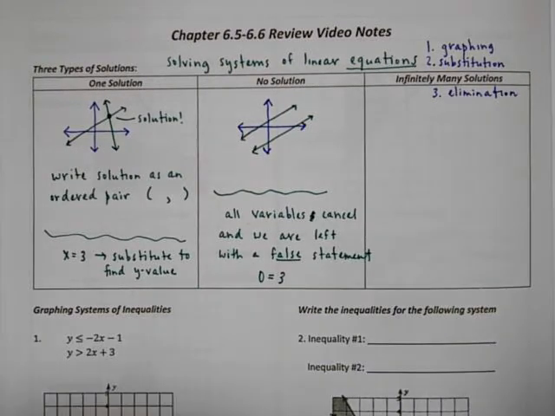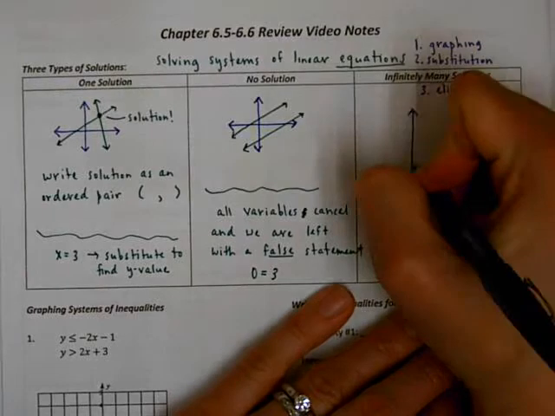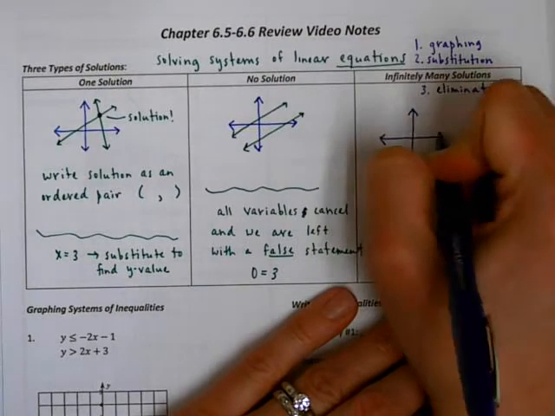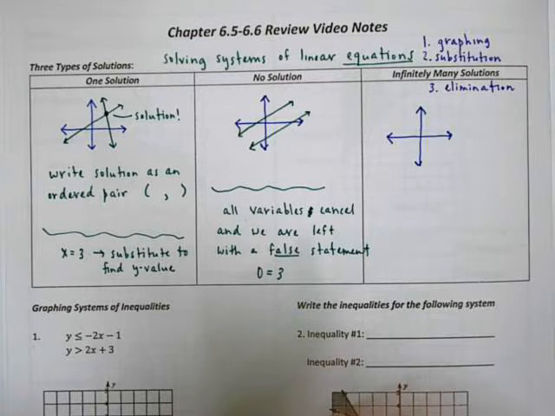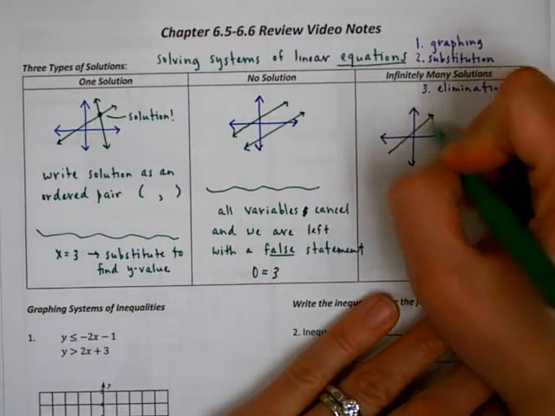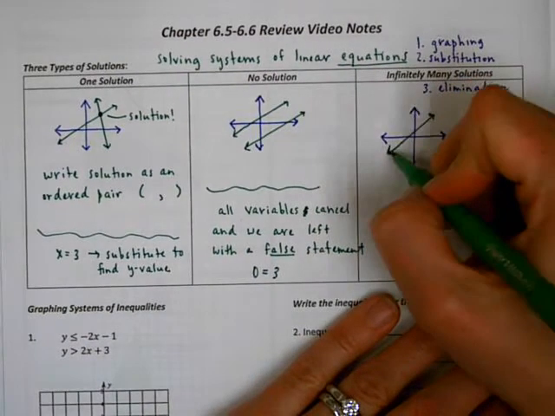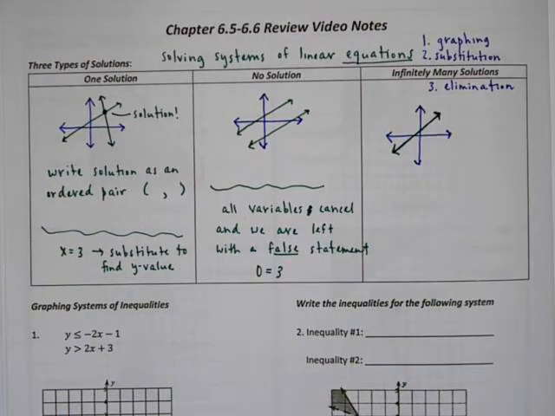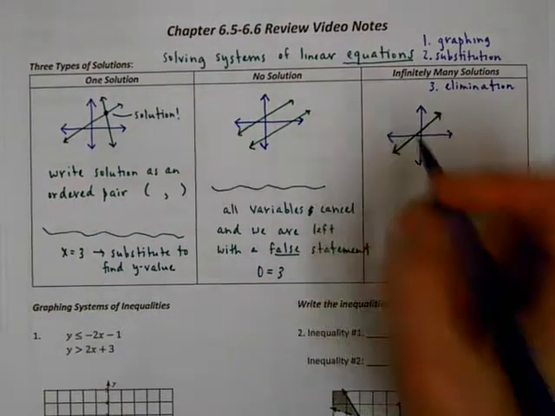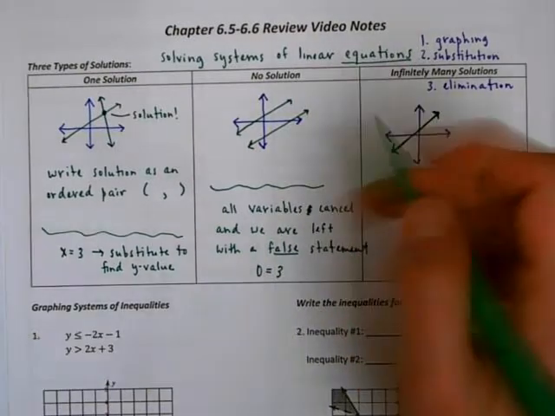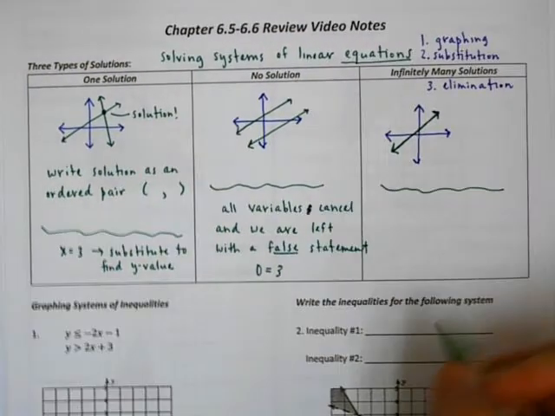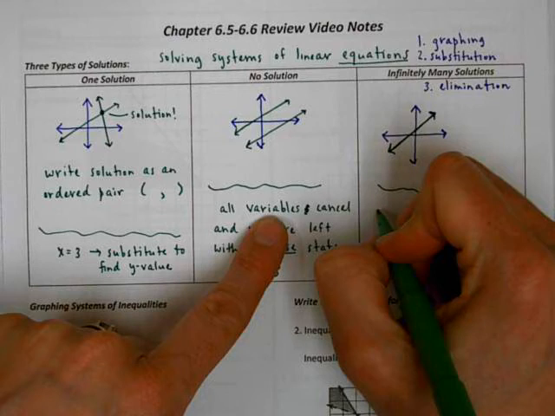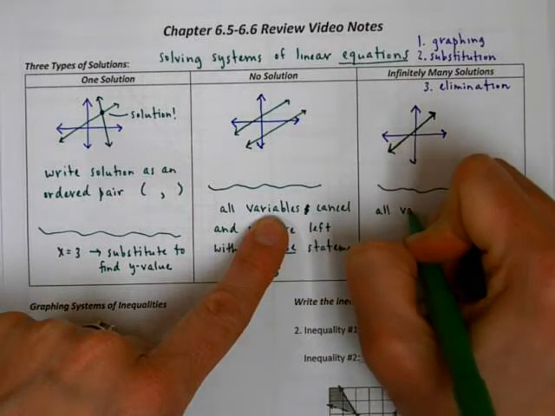And then the last possibility we could have was infinitely many solutions. And what happened there was if we went to graph, really we'd find we had the same line. If we went to graph our second one, we were just graphing it right on top of the first. Now, if we used elimination or substitution, it was similar to no solution, so we still had all variables canceling.